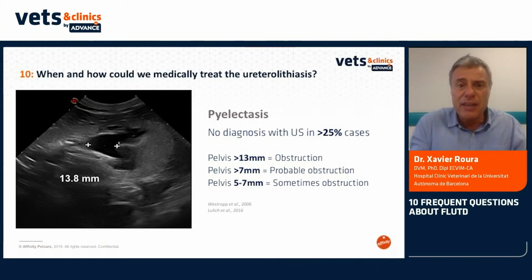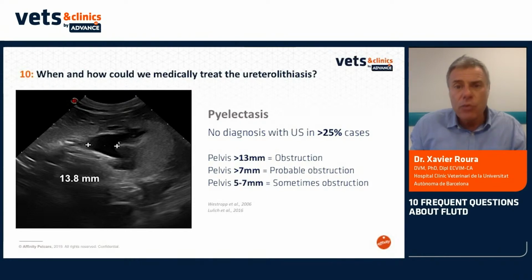Pyelectasia, the increase in the size of the pelvis, can inform us about a potential obstruction of the ureter. If we have more than 13 millimeters, we are sure that we have an obstruction.